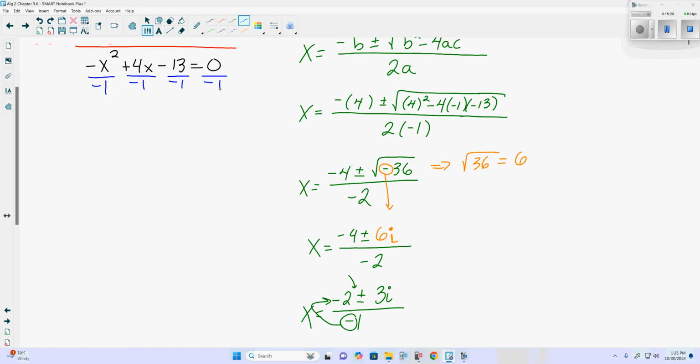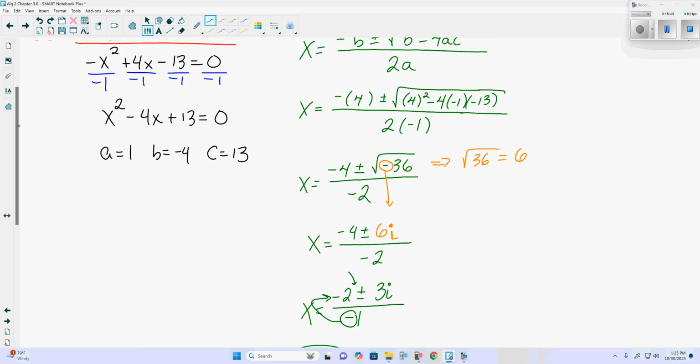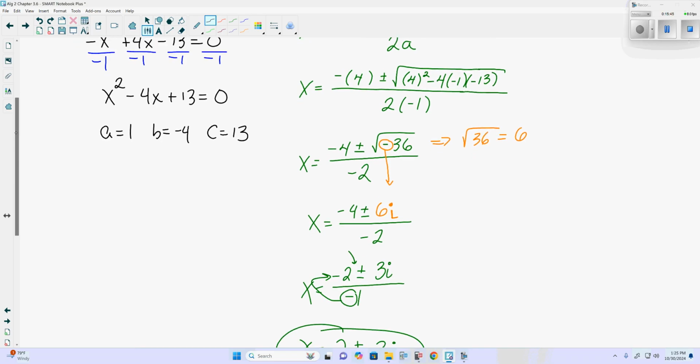Because if we do this, well, the negative x squared becomes positive x squared. The positive 4x becomes negative 4x. Our negative 13 becomes positive 13. So all this is done is just taken the values of a, b, and c and flip them from positive to negative or negative to positive.